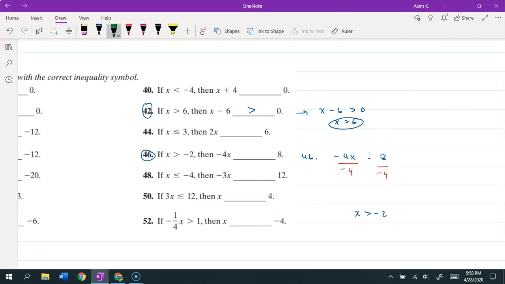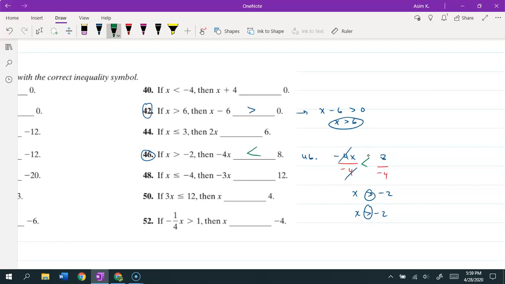So initially, it must have been looking like this, and then the negative 4's cancel out, so you're left with the x, and that's why it switched and looks like the following. So what I mean to say is this must have been negative 4x is less than 8, which is what they're really trying to get at.